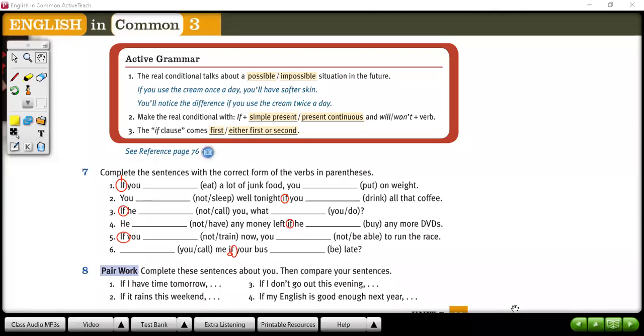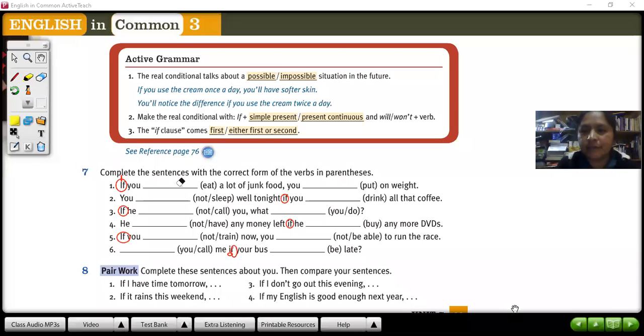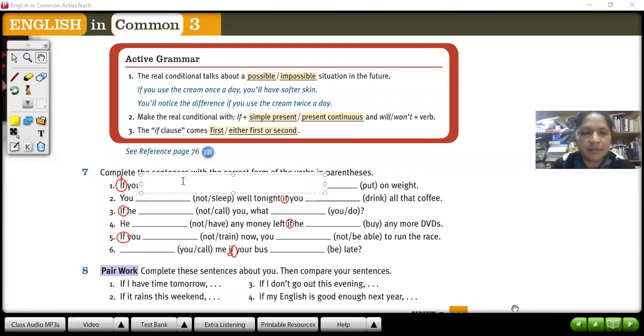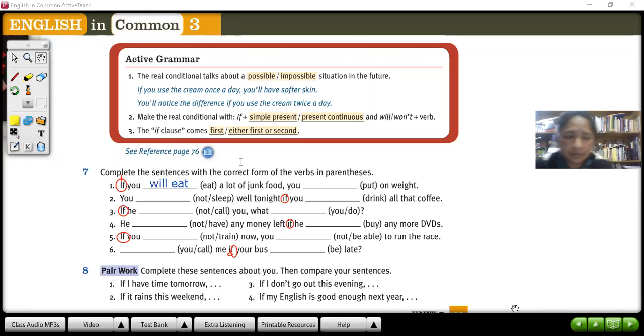Teacher, number one: If... What's your name? Mayra. Okay, Mayra. If you will eat. Like this? Yes. Okay.